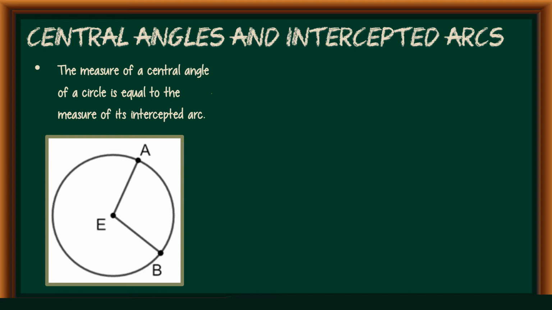According to this, the measure of the central angle AEB is equal to the measure of its intercepted arc. What is the intercepted arc? Okay, this one, arc AB. That means if the central angle is 100 degrees, this intercepted arc is also 100 degrees. They are the same, the central angle and the intercepted arc.